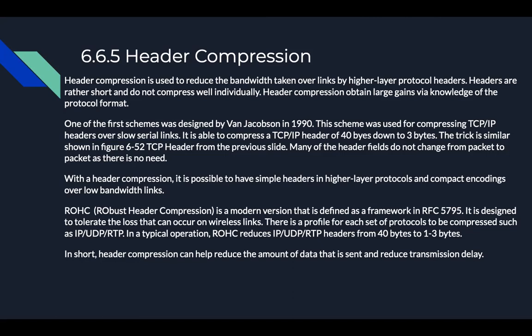It is designed to tolerate the loss that can occur on wireless links. There is a profile for each set of protocols to be compressed, such as IP, UDP, and RTP. This is a typical operation. So basically ROHC reduces IP, UDP, and RTP headers from 40 bytes to 1 to 3 bytes. In short, header compression can help reduce the amount of data that is sent and reduce transmission delay.